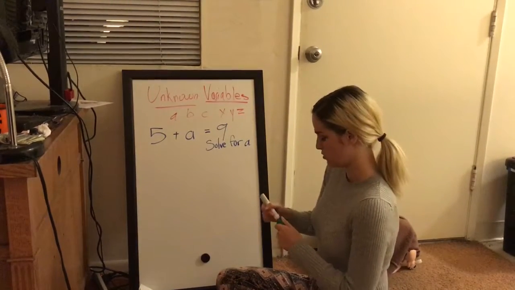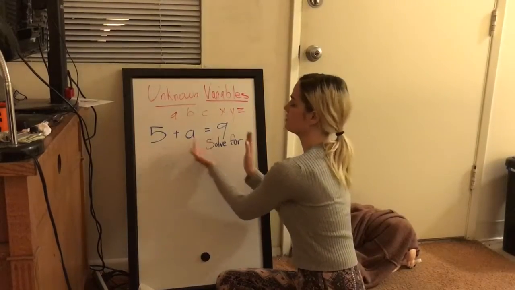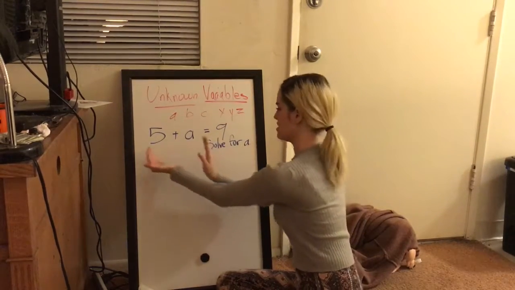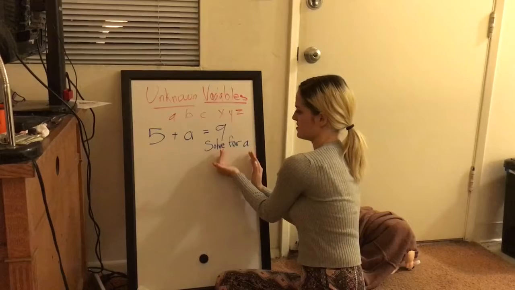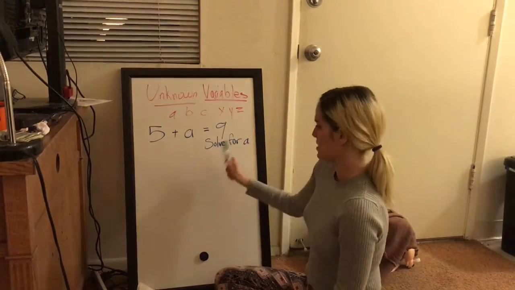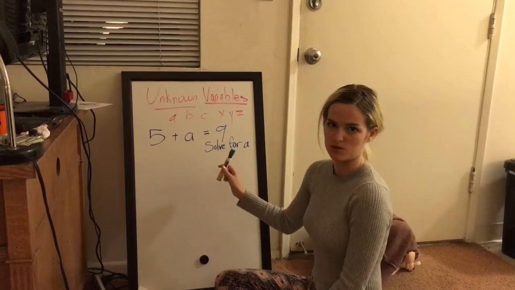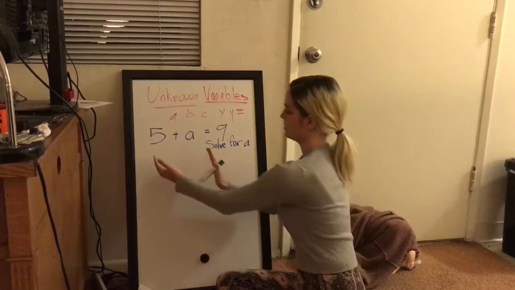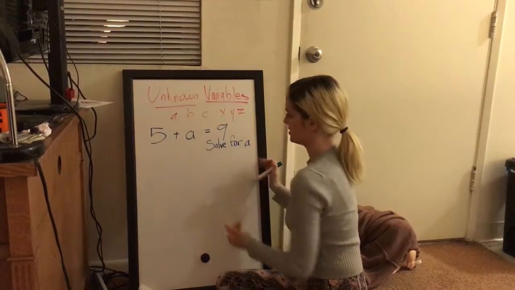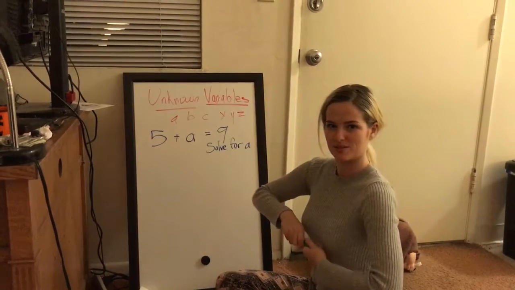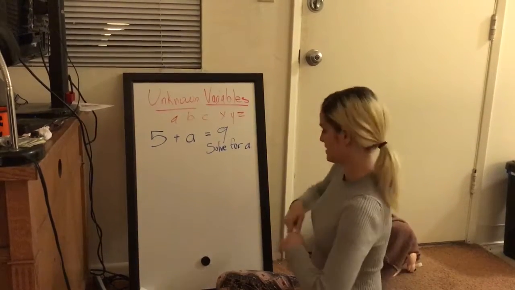When you look at the equal sign, imagine this is in two different parts, right? This equals this. And whatever you do, you can actually move numbers around the equal sign. This and this. Does that make sense? You have any questions? No? Okay.